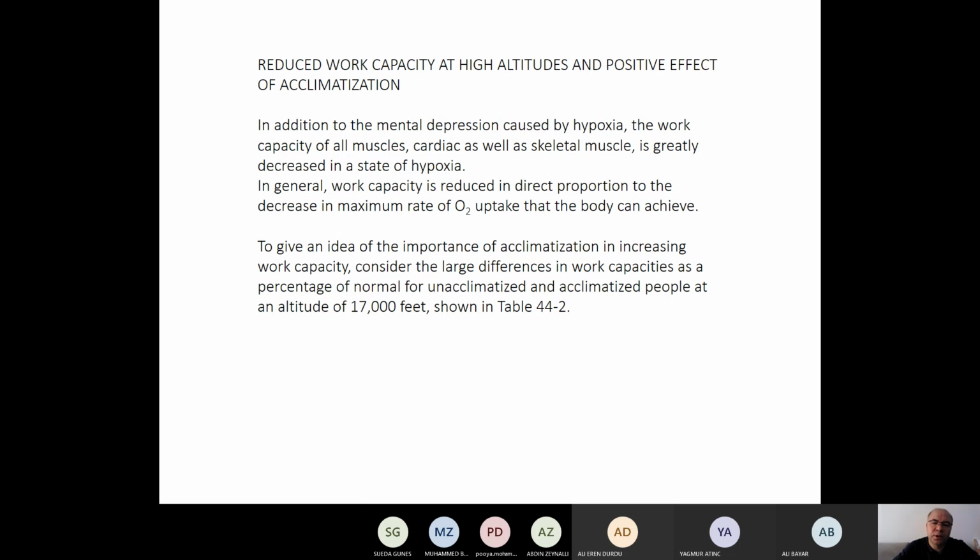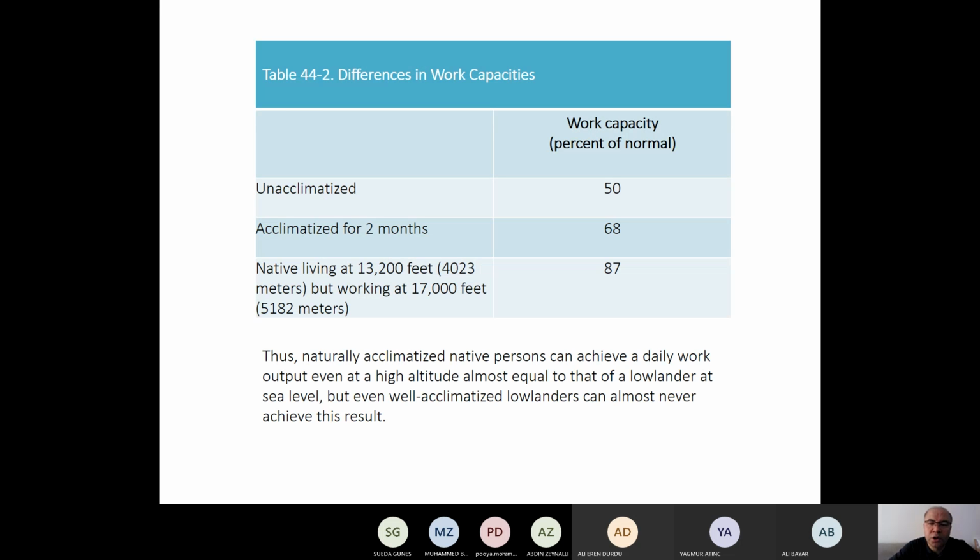To give an idea of the importance of acclimatization in increasing work capacity, consider the large differences in work capacities as a percentage of normal for unacclimatized and acclimatized people at an altitude of 17,000 feet. In this figure, you see the working capacity in an unacclimatized person going 17,000 feet upwards.